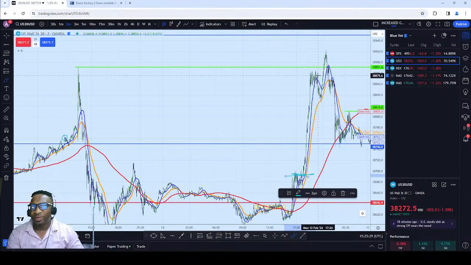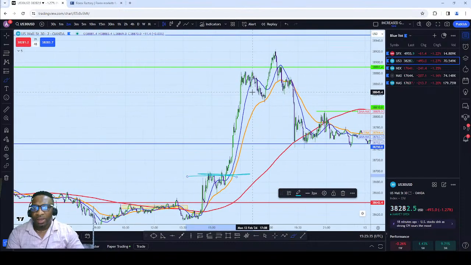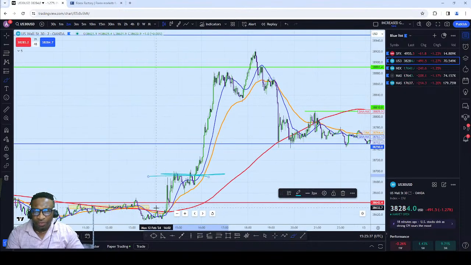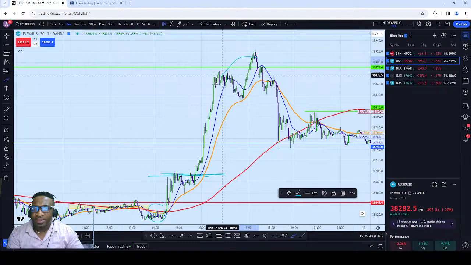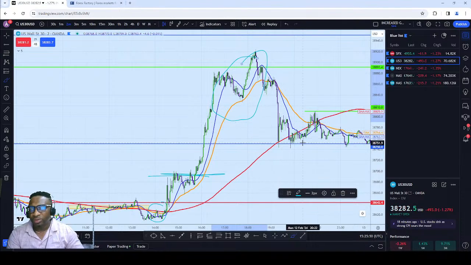So when I came out, it pushed up a bit and then turned around as it was in a wide state. As we can see, it moved from this narrow state to a wide state here. From the wide state, price turned around to the narrow state again, then continued downwards.